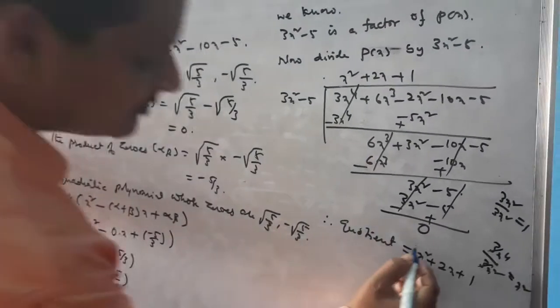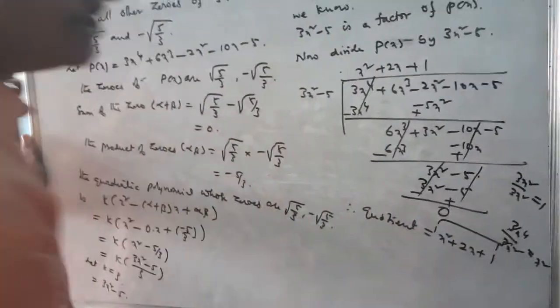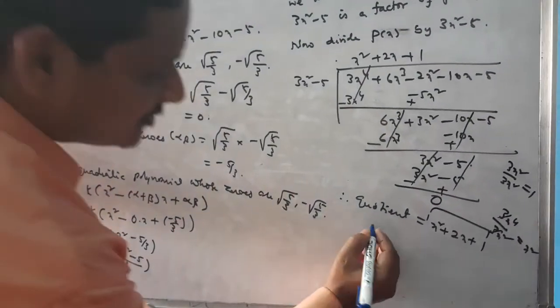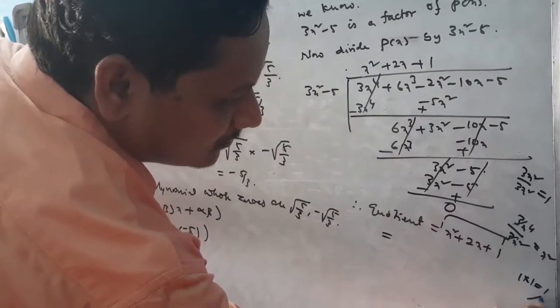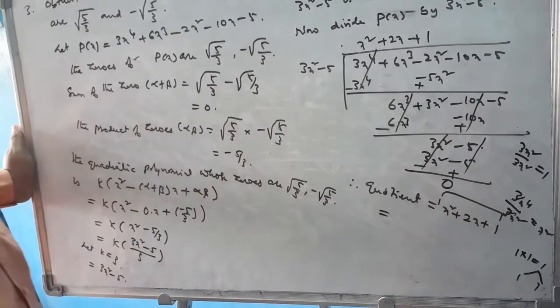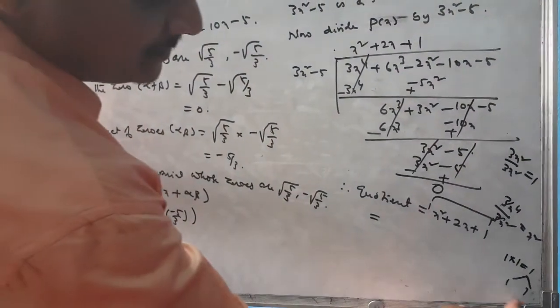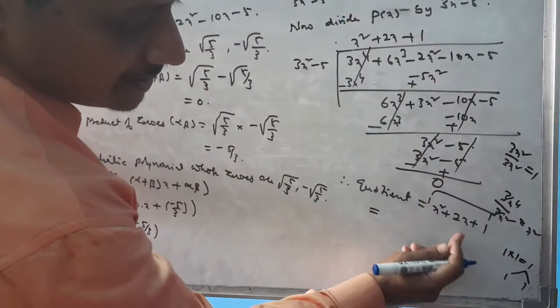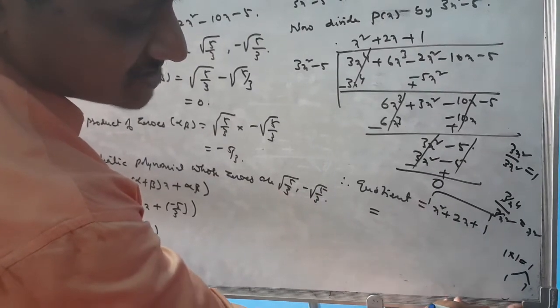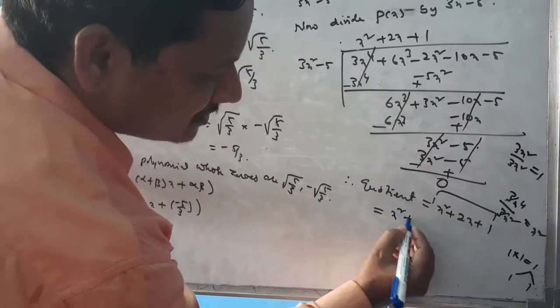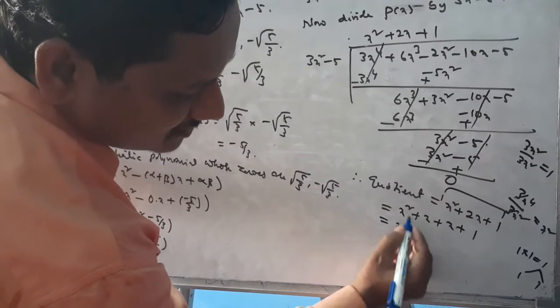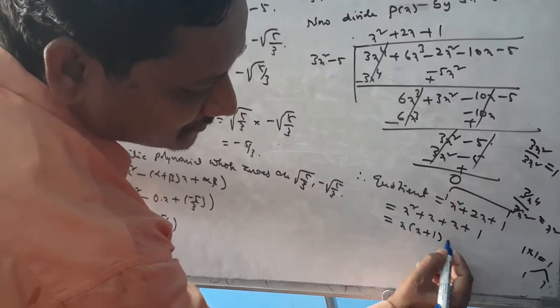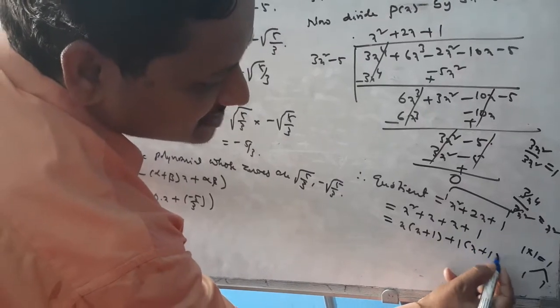Now we have to find the factors for this. 1 into 1 is 1, and 1 can be written as 1 comma 1. So 1 plus 1 we will get 2. So 2x we can write as x plus x. So x square plus x plus x plus 1. If you take x common, we will get x plus 1, and 1 common, we will get x plus 1.